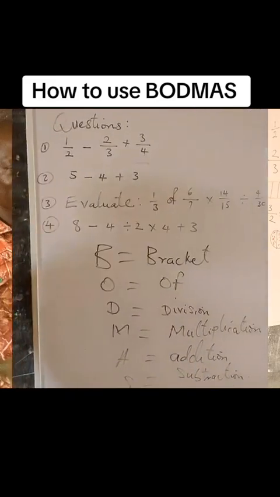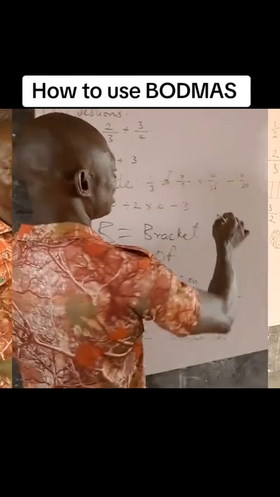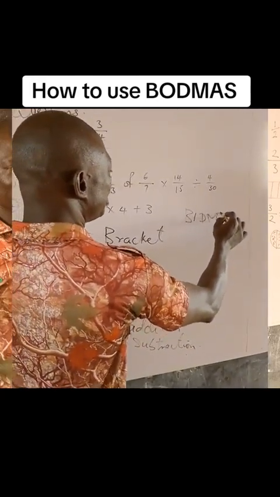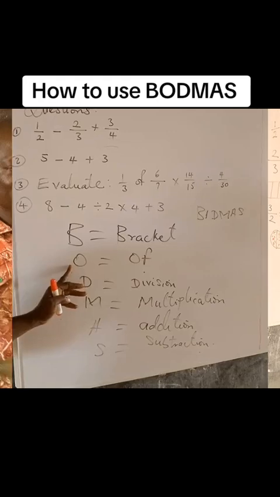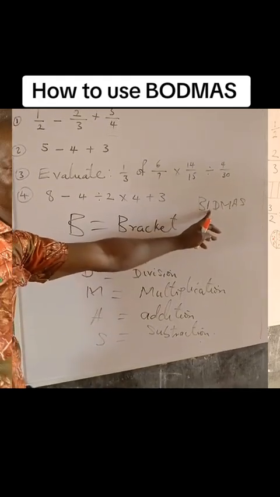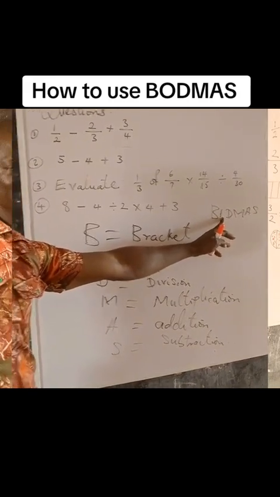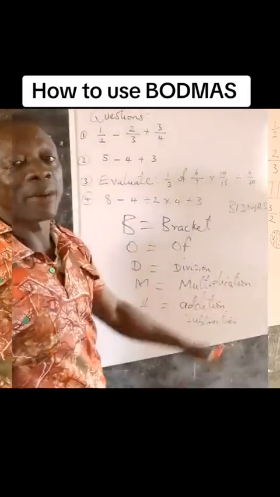Some textbooks call this BIDMAS, which makes only a difference of, instead of O, you have I, where I is index. But they are talking about the same thing.